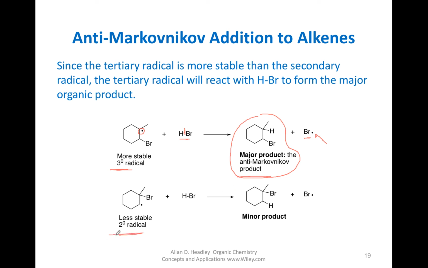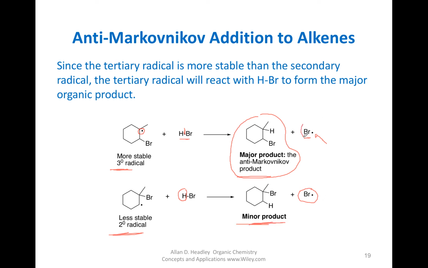The secondary radical, which is less stable, takes one electron from here and bonds here, and of course the other electron forms the Br dot. And of course this is the minor product.